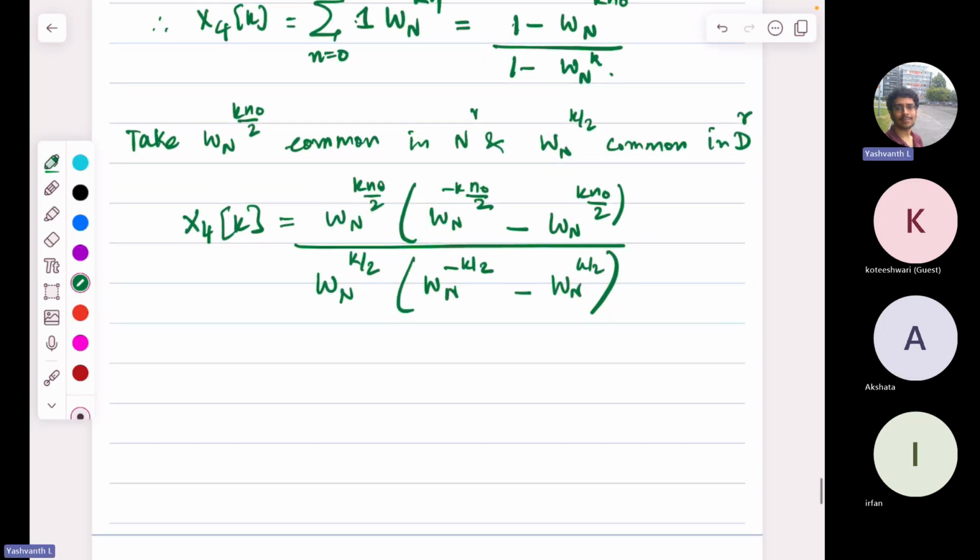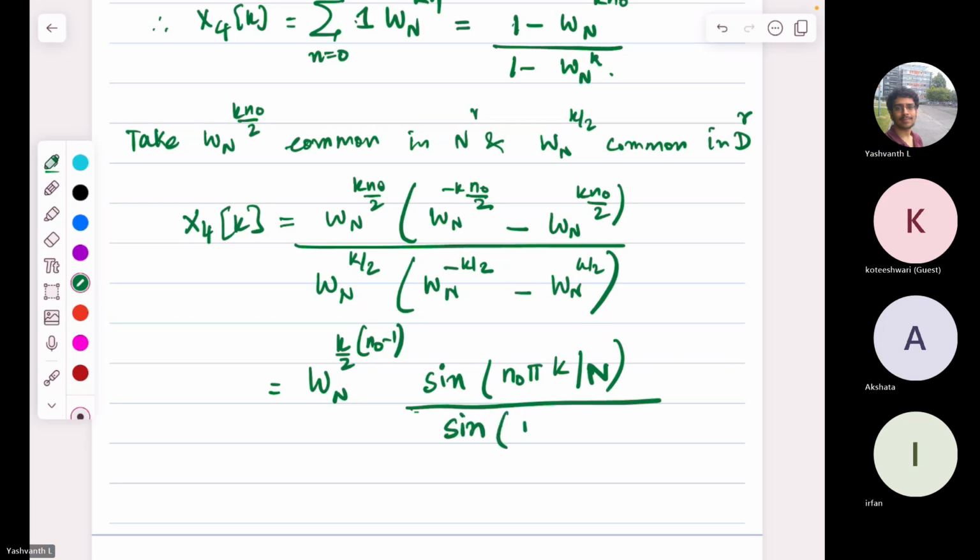And further, you can show that this is nothing but W_N power k by 2 into (n naught minus 1), into sine(n naught pi k by capital N) by sine(pi k by capital N).